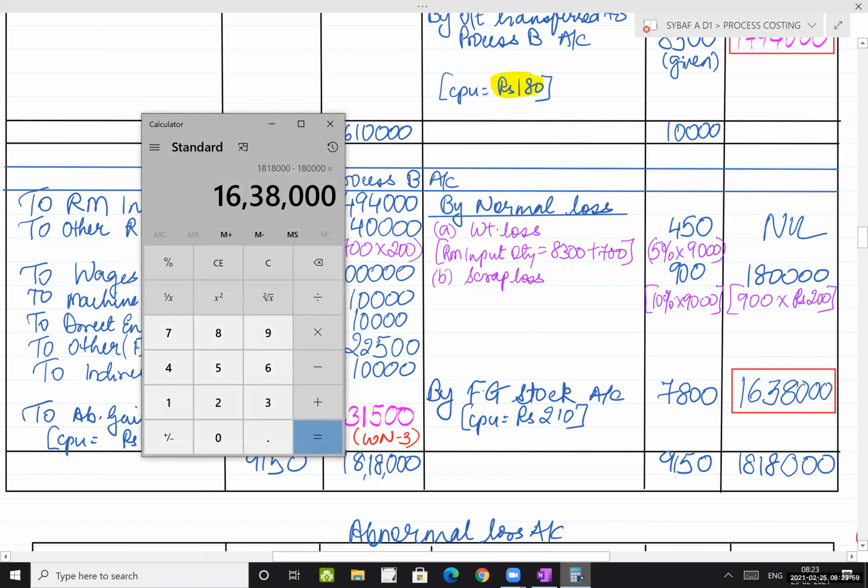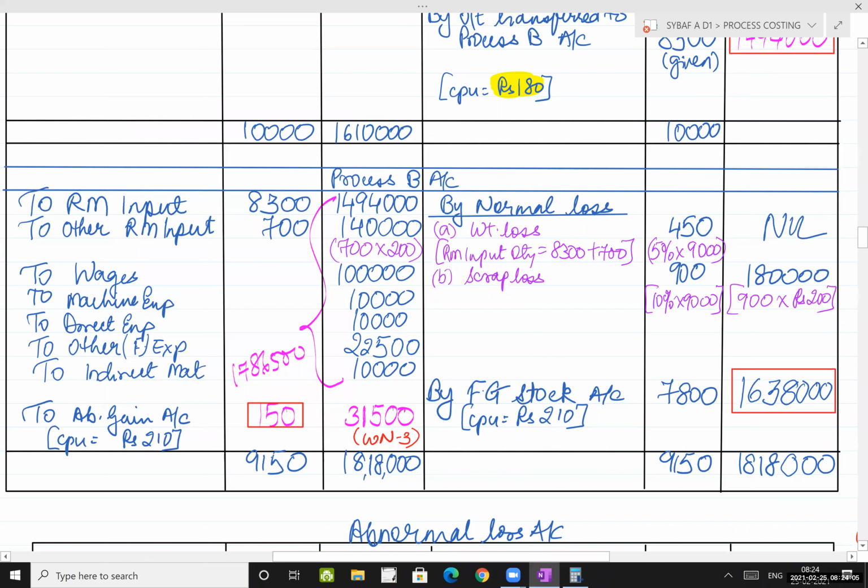Divided. Okay, see, my CPU is 210. It has to be so. See this, the CPU here is 210 and the CPU here is 210.